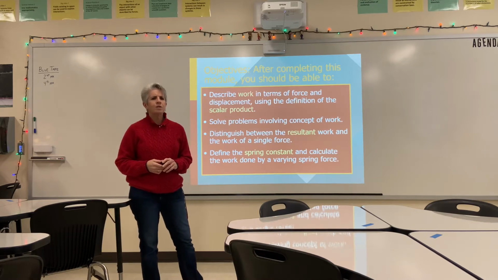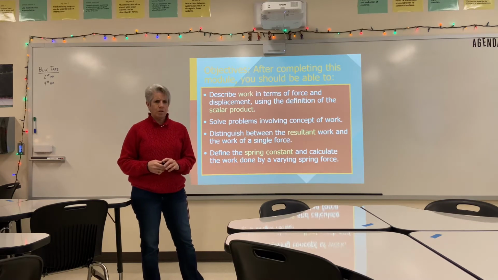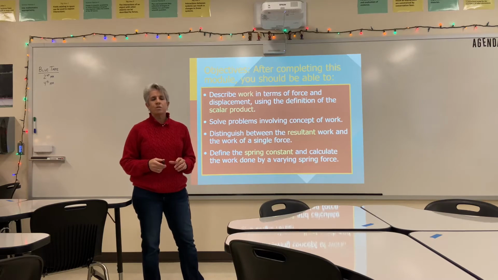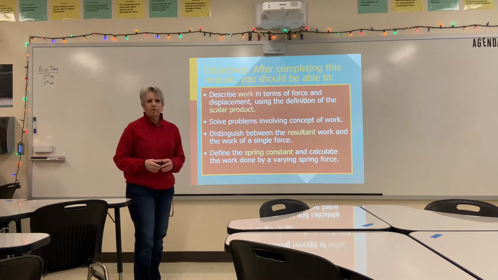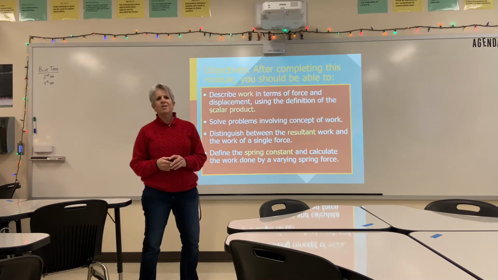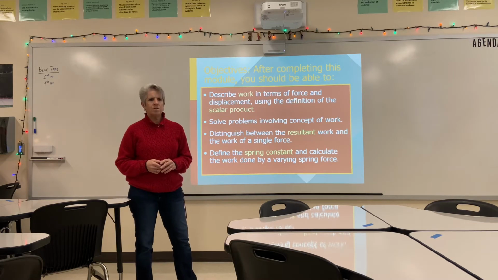We can find that using a cross product, or we can take two vectors and multiply them and get a scalar product, and that is using a dot product model. So that's what we're going to do when we're dealing with work. Work is a scalar product. Work is something that has an amount but no direction associated with it.